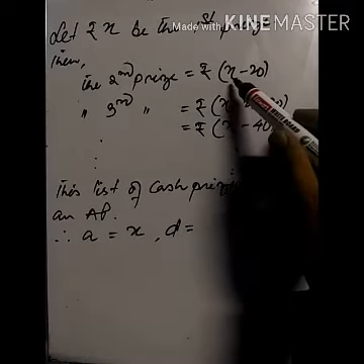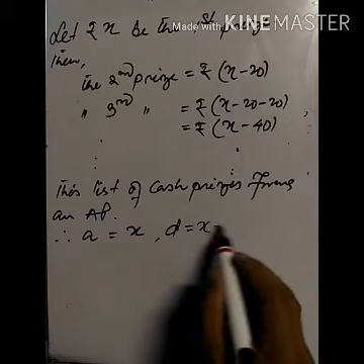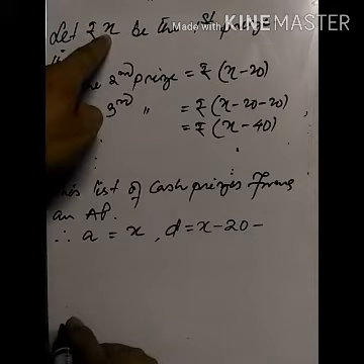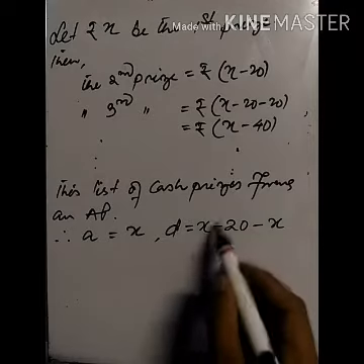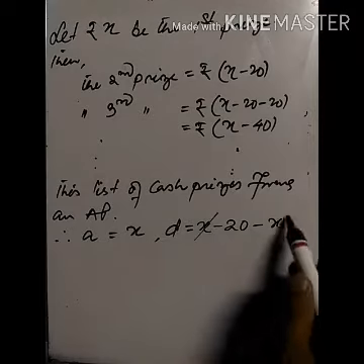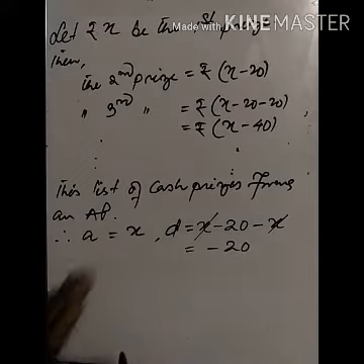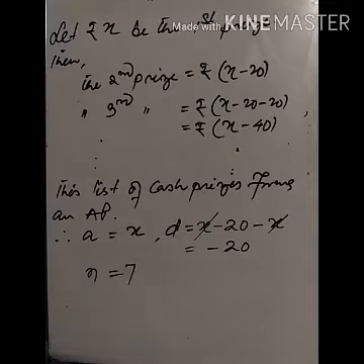Second prize is X minus 20. So X minus 20 minus the first prize X. Now X and minus X cancel. So we have minus 20. Now we know the first term and the common difference. So the value of N will be how much? We have 7 students, so N will be 7.